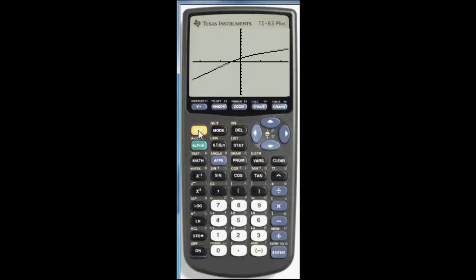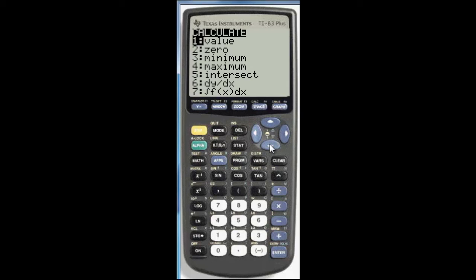Now let's find the definite integral, or the calculator's decimal approximation of the definite integral from negative pi over 2 to pi over 2. So go to second, calc, and right down here we'll see the definite integral, the integral of f of x dx.